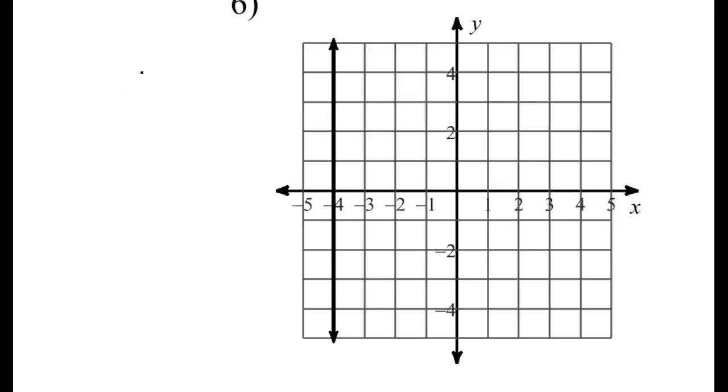So, is it y or x? What axis does it actually go through? It goes through -4 on the x-axis, therefore the equation is x equals -4. What is the slope here?